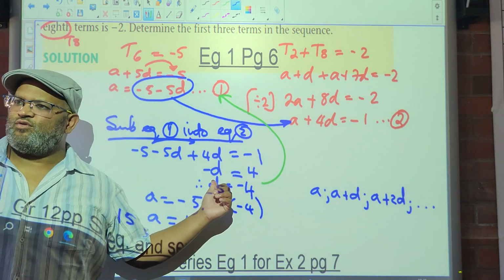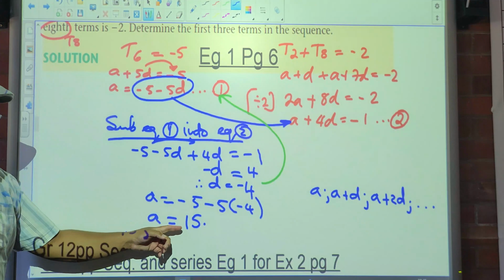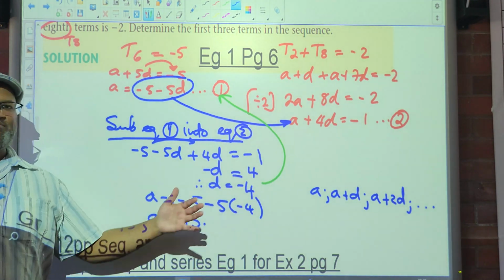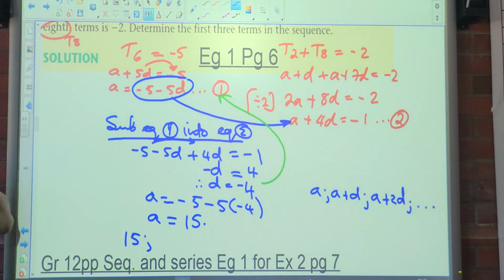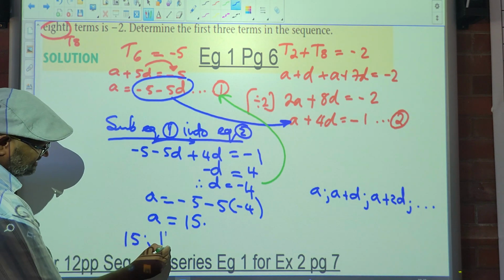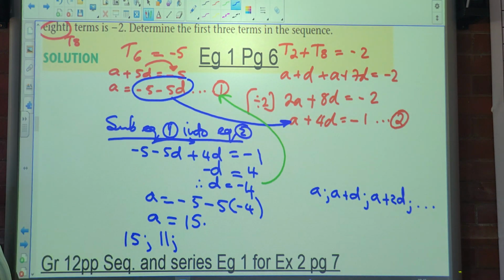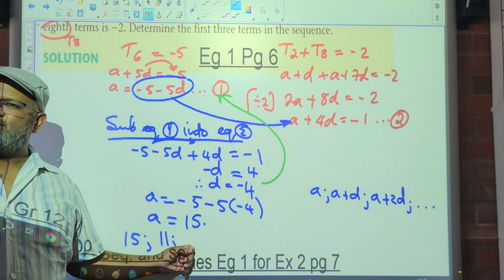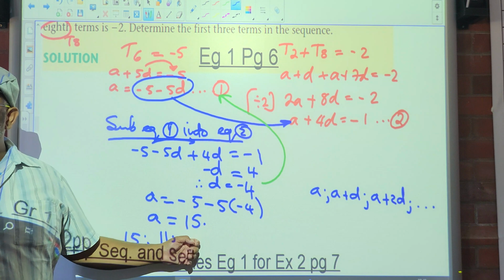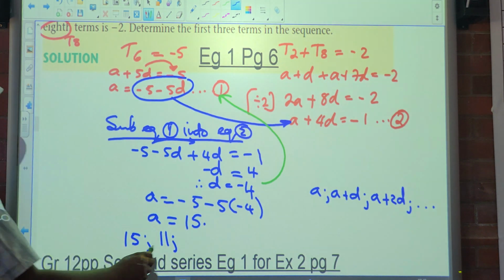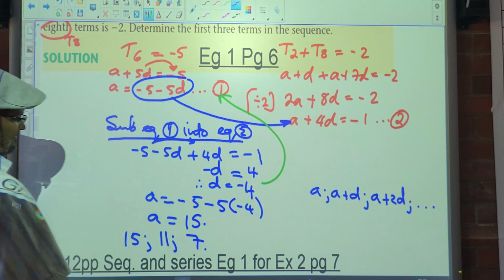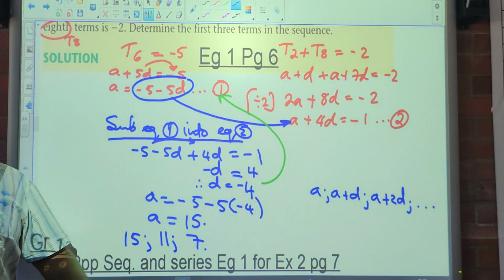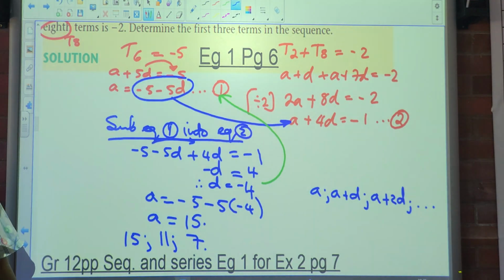Negative 4. So what's going to be the second term? 15 plus negative 4, which is 11. And if I add another d to it, in other words, I'm subtracting 4, the answer is going to be 7. So the first 3 terms of the sequence are 15, 11, and 7.